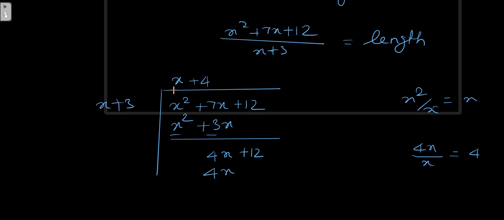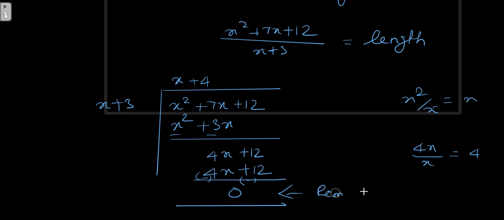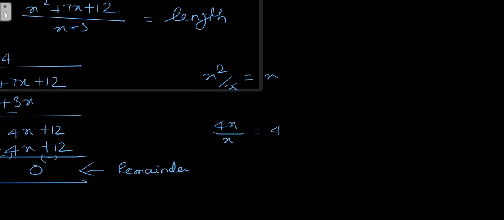This will give us 4. So put here a 4, then multiply 4 into x, 4x, and 4 into 3, 12. Then when this is minus this, it will give us 0. So remainder goes 0. So this x plus 4 exactly divides this.